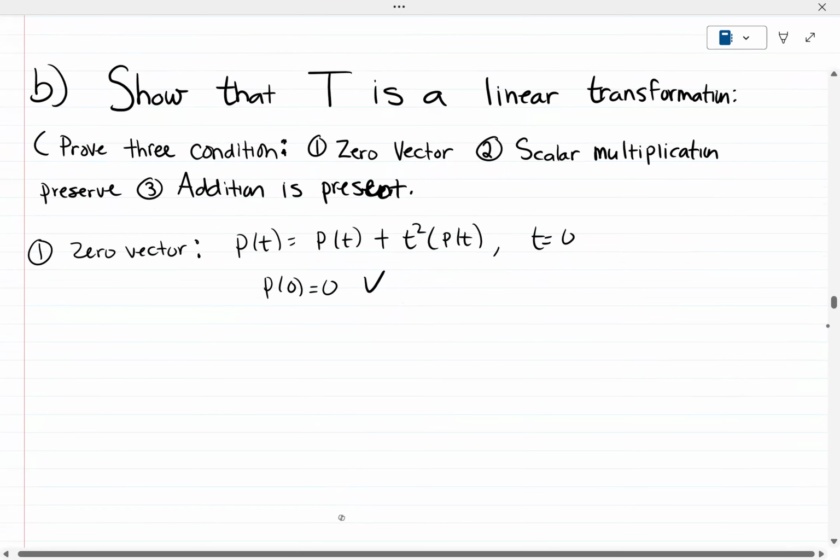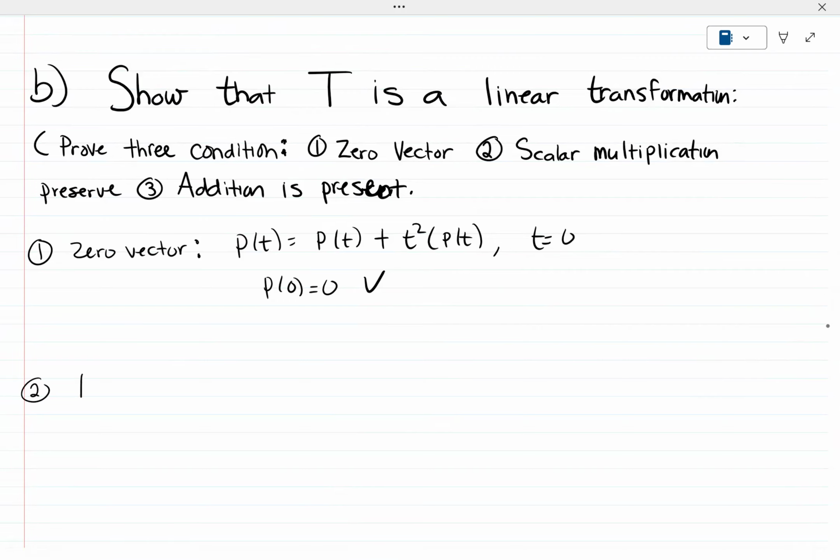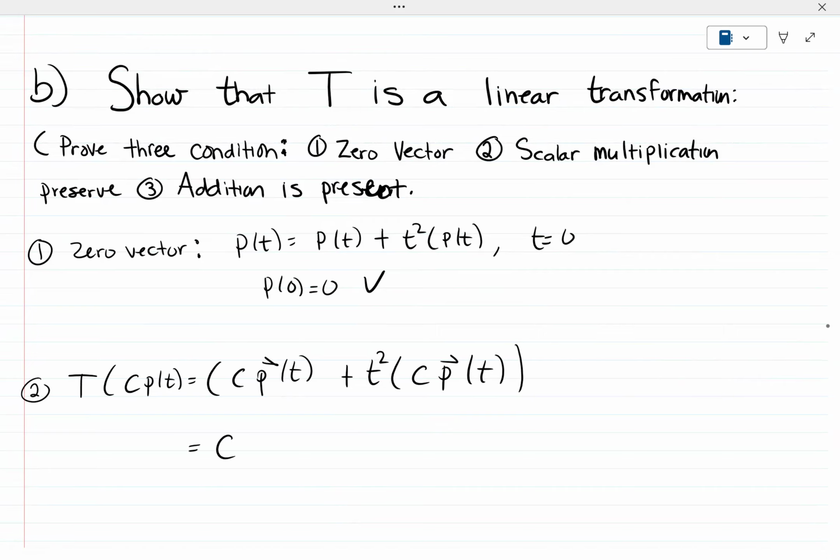Condition two, we've got to prove it's scalar multiplication preserved. So we've got to do T of c times P of t equals c times P of t plus t squared times c times P of t equals c.